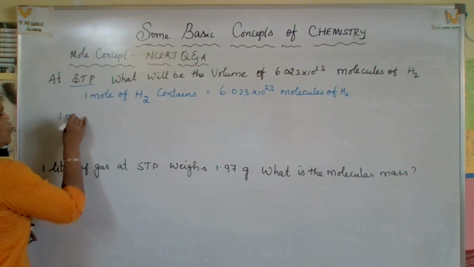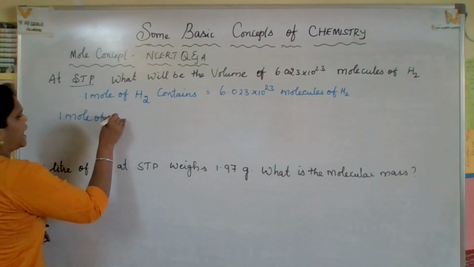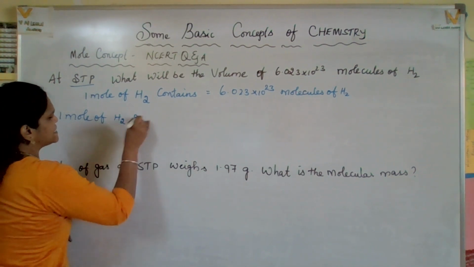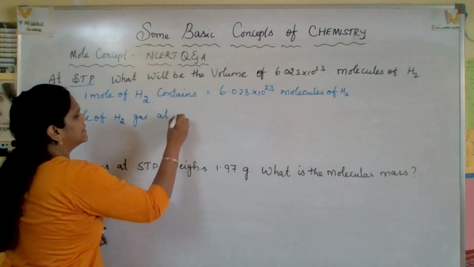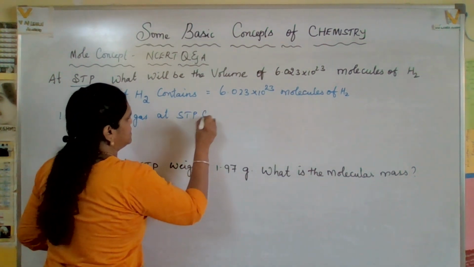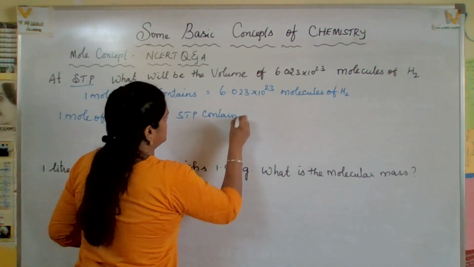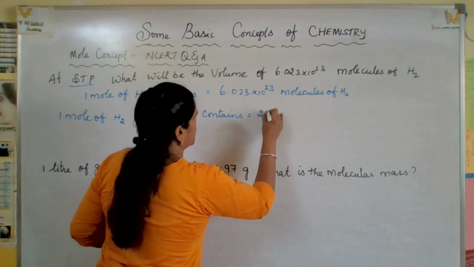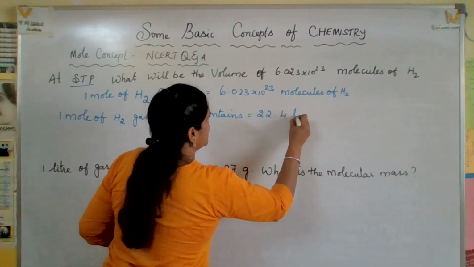So, 1 mole of hydrogen gas at STP contains 22.4 liter.